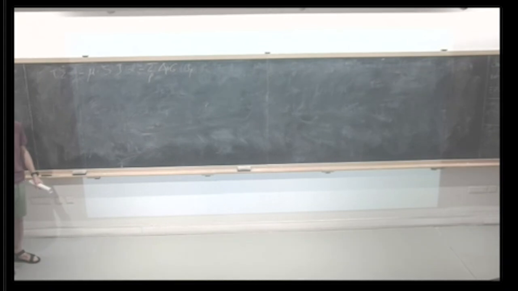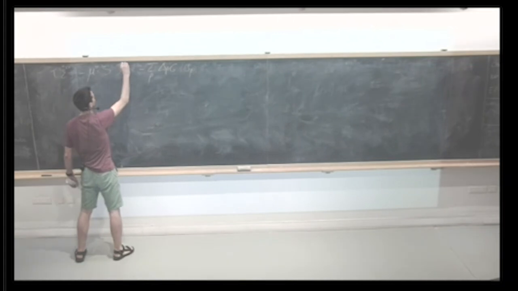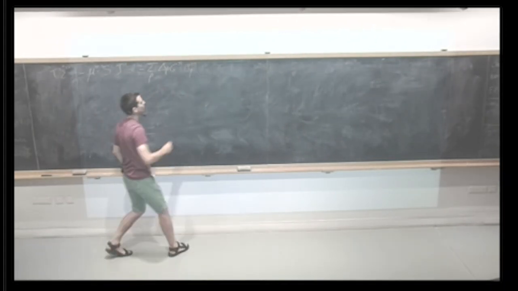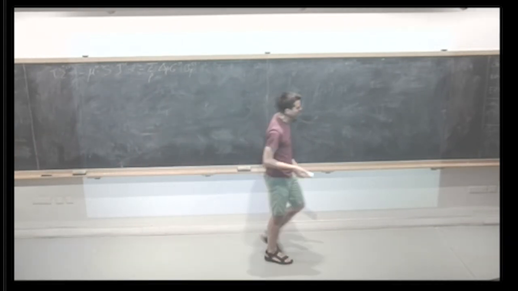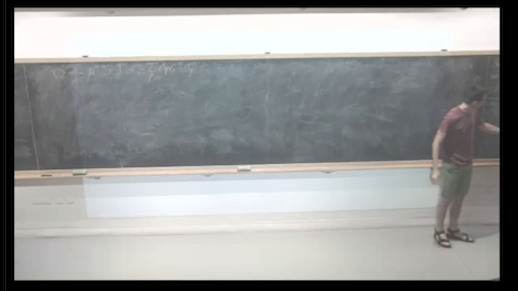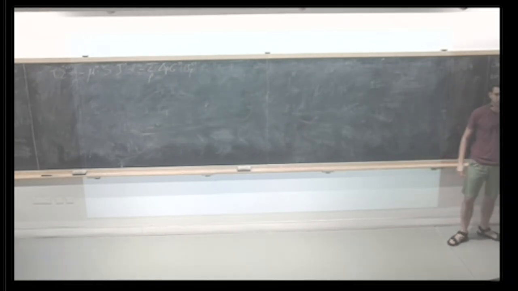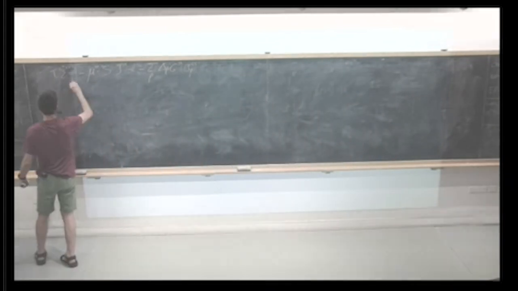Okay. Now, let's assume we are at steady state. Now, because we are at steady state, from what we learned yesterday, we can write the vector of all currents at steady state as a linear combination of cycles. Okay? So let me write this here.